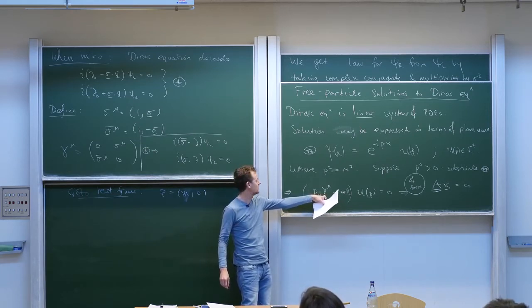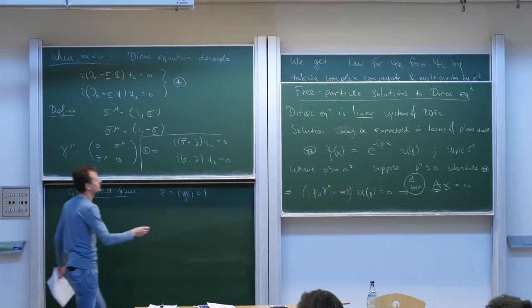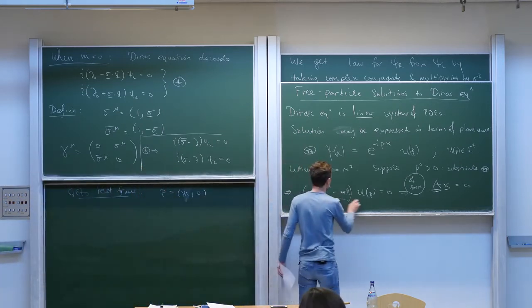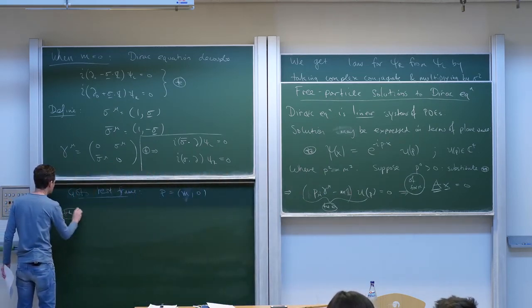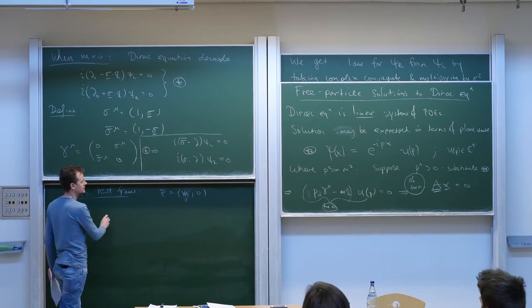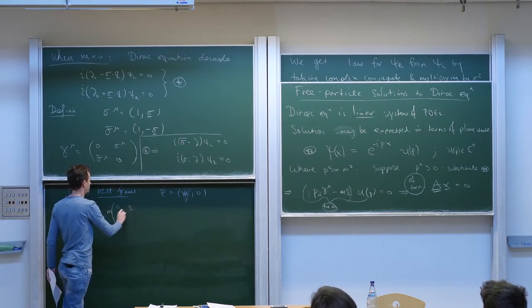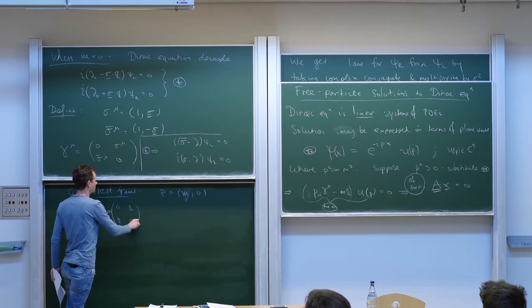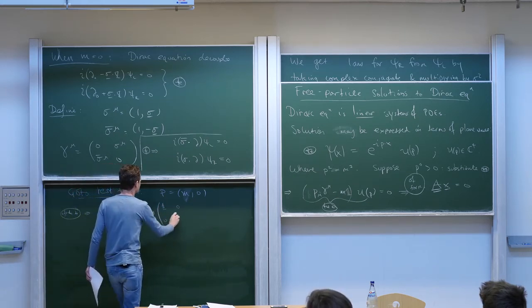Because 3 of the terms here are 0. So that equation there, which we'll call triple star, becomes just m times gamma naught. Gamma naught has this form, minus m times the identity, which has this form.